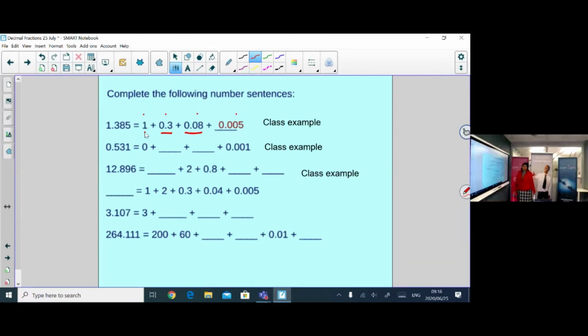So having done the first one for you, as we are doing this together, please follow and also write ahead of us what you see. The first number, because there's no unit here, it's a 0. And this 5 is represented by 0.5.